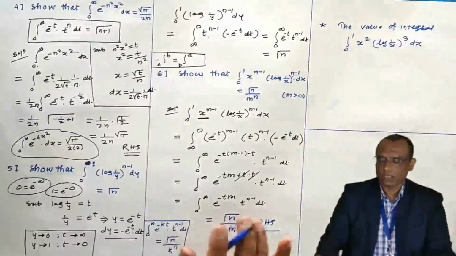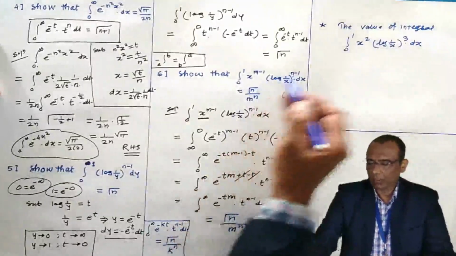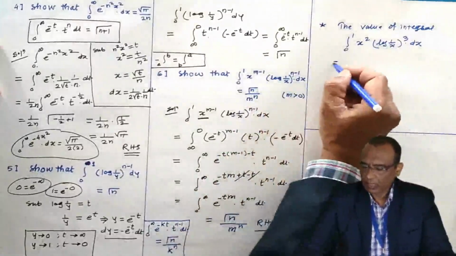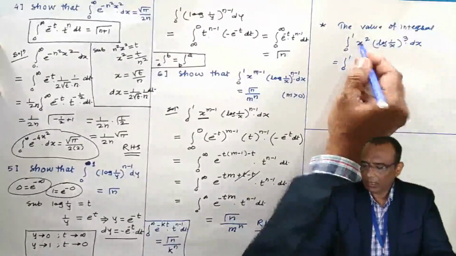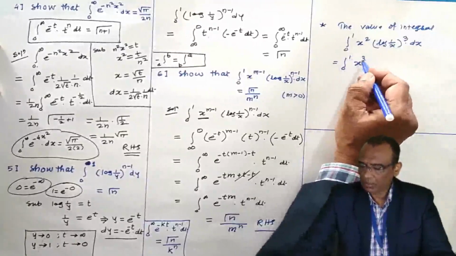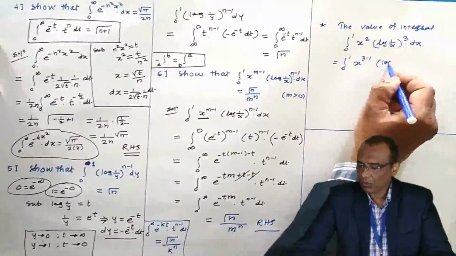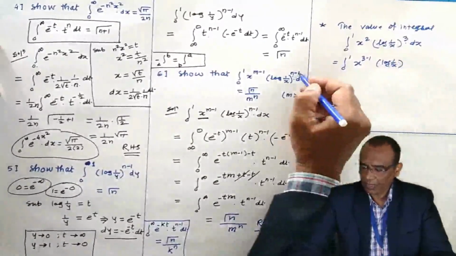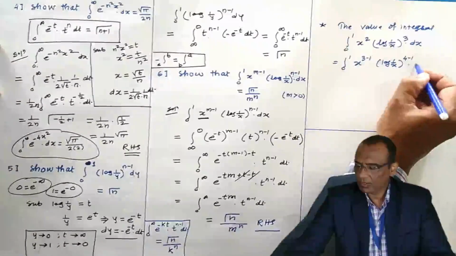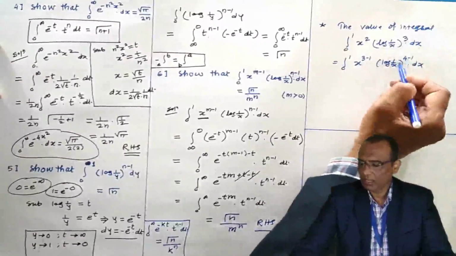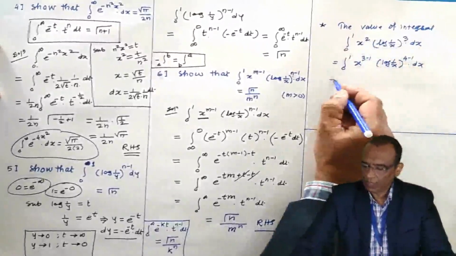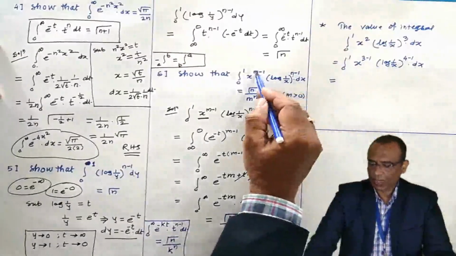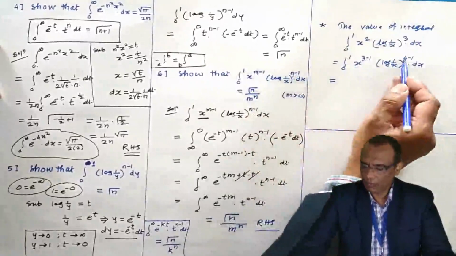Suppose this is asked in examination. So if you compare these two, here x power 3 minus 1, log of 1 by x to the power n minus 1 is 4 minus 1, dx. Now if you compare these two, m is 3 and n is 4.